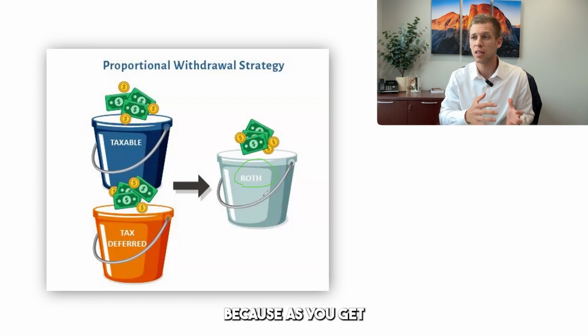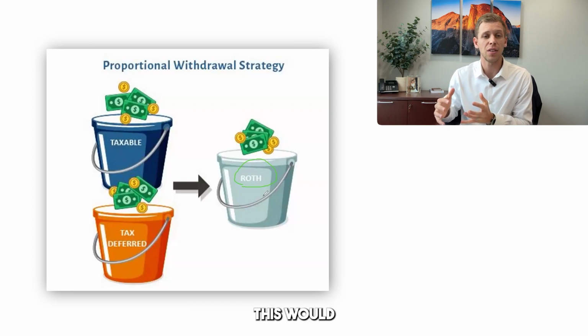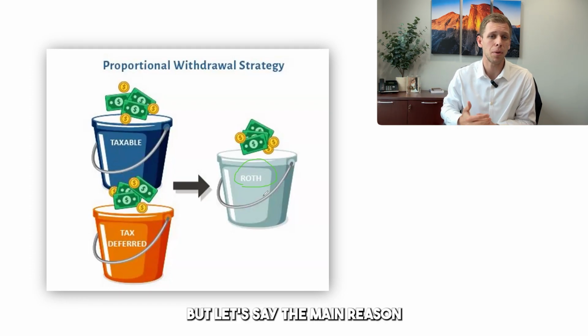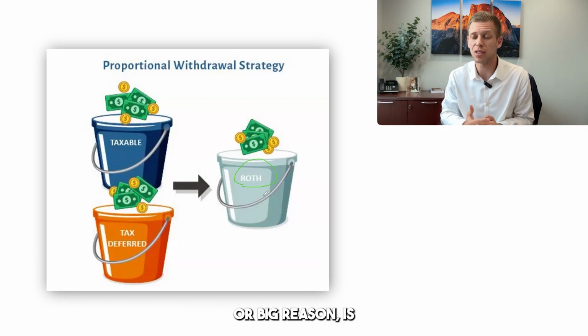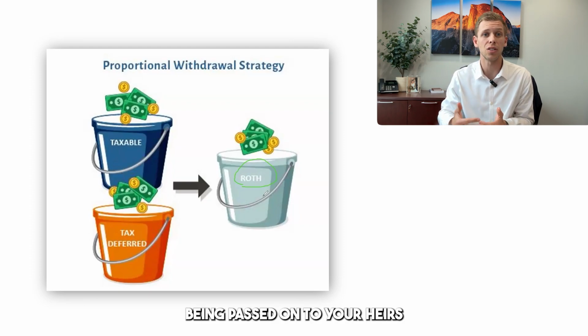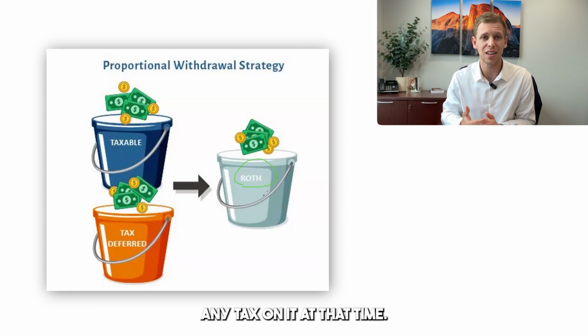Number one, because as you get further along in retirement, this can be a great account to take from near the end of retirement. But I'd say the main reason or big reason is because of this account being passed on to your heirs, and they're not going to pay any tax on it at that time.